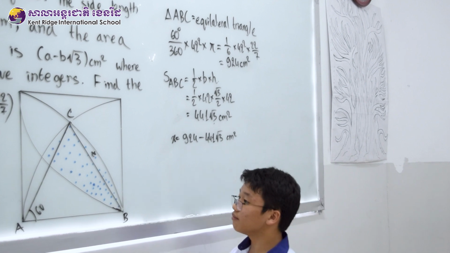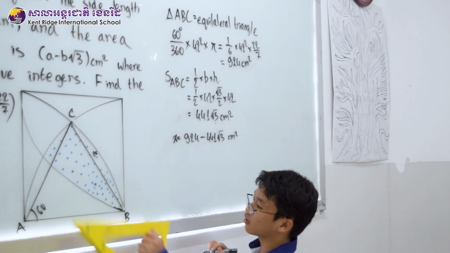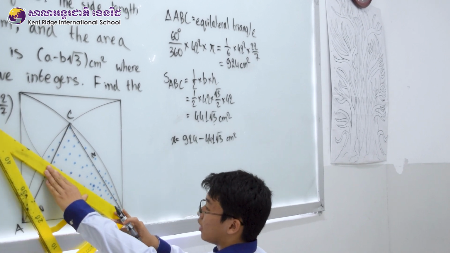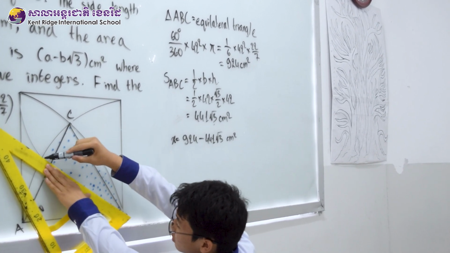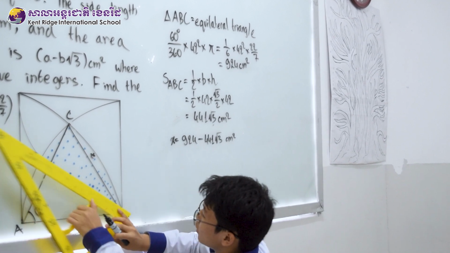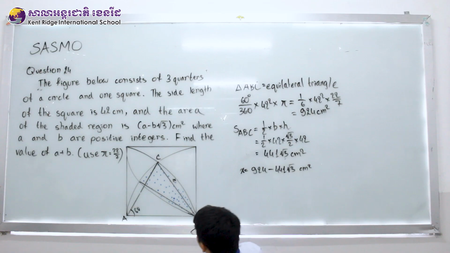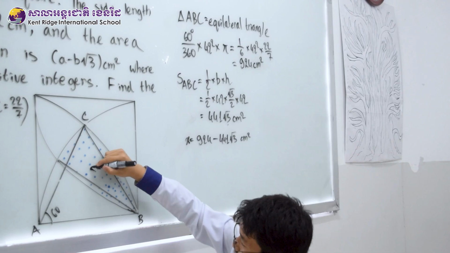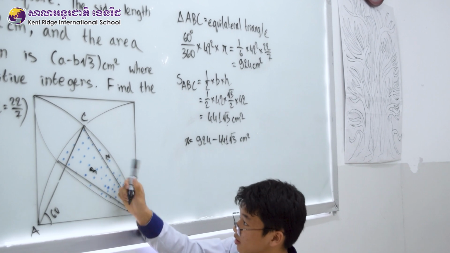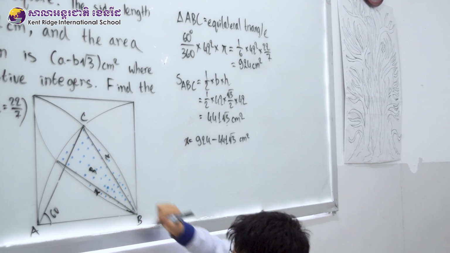Now we must make another geometrical figure. So we'll make another part of a circle. This part here, we'll call it B. And we also know that this side equals X, so we'll just call this side X again.